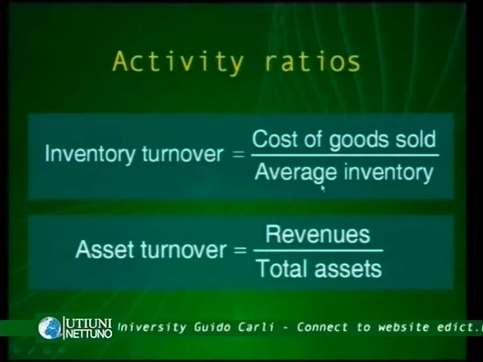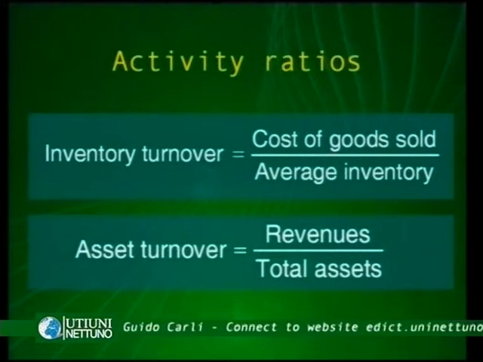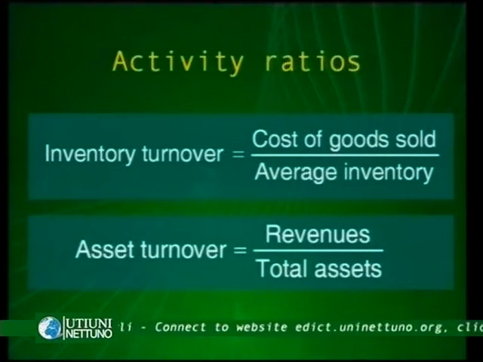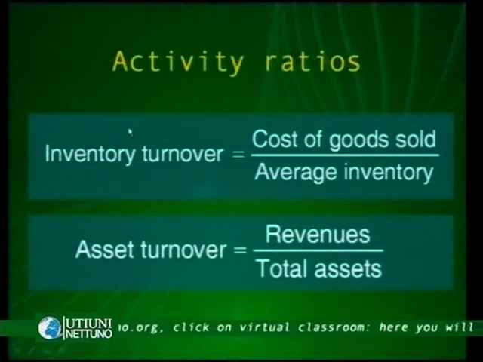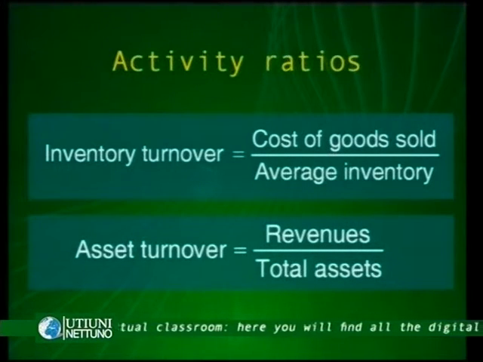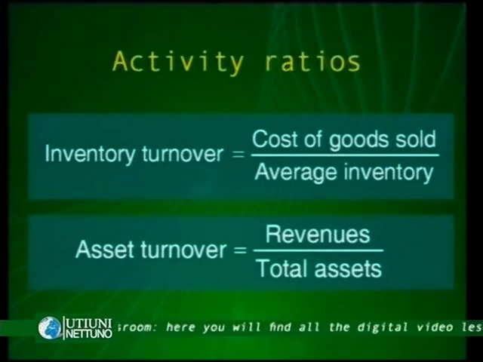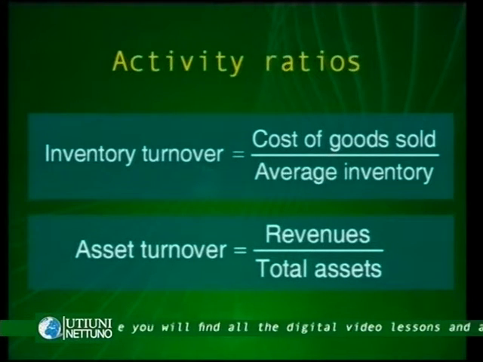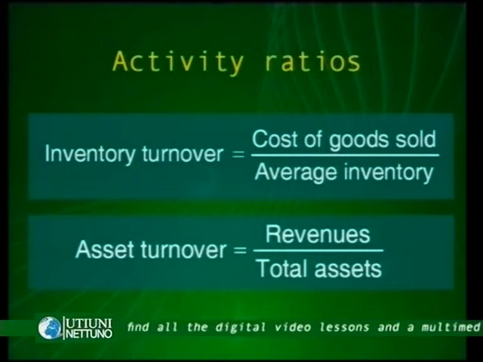The denominator is average inventory. The average inventory is the average level of inventory that the firm will keep for this project during the years of interest. And the meaning of this ratio is the following. This ratio is saying to us how efficient the firm is in managing the inventory.